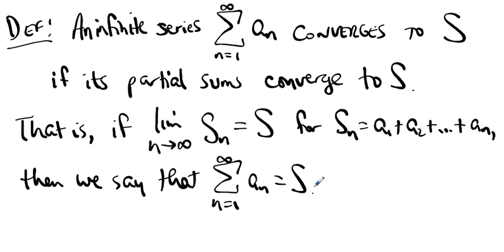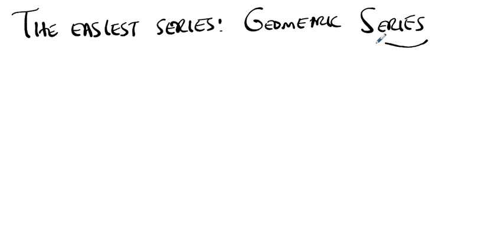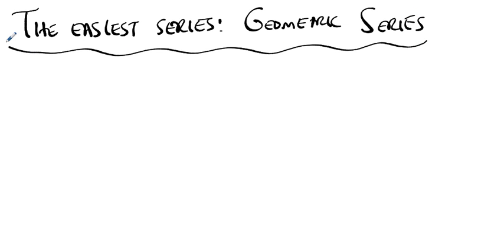Okay, so we should probably talk about what happens now. The easiest series that we talk about, and we do this for not very long, is the geometric series. This is the most interesting series that you looked at in high school.